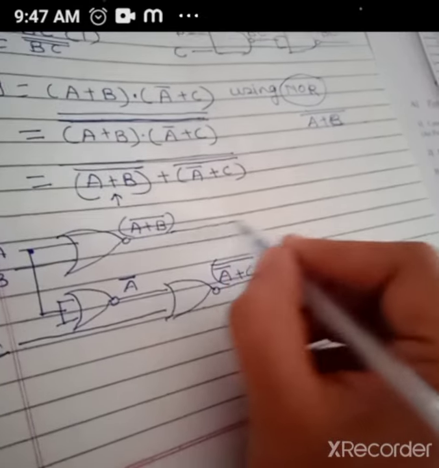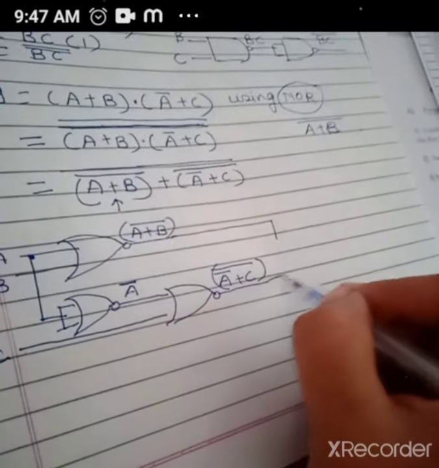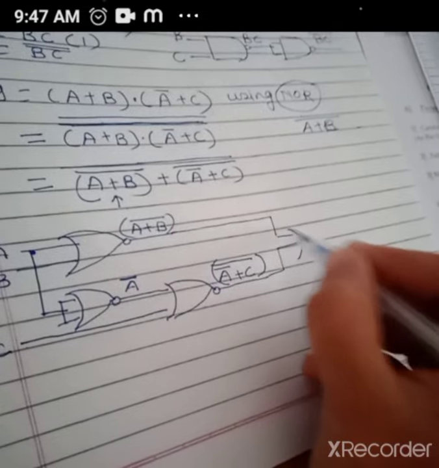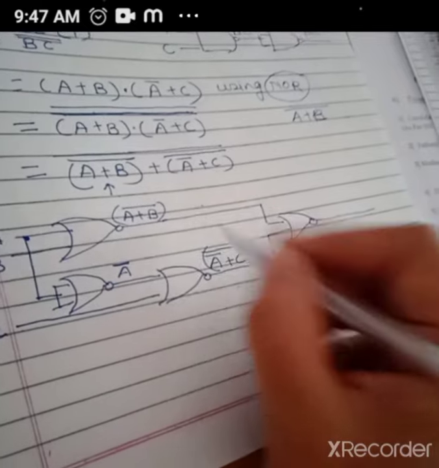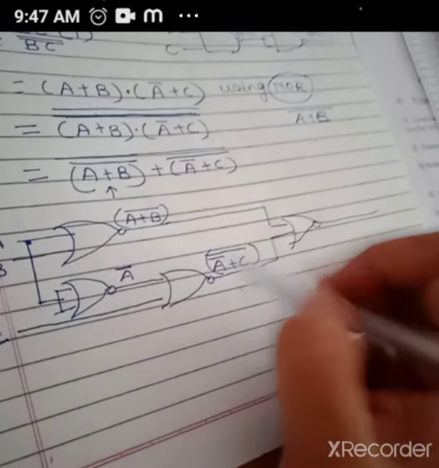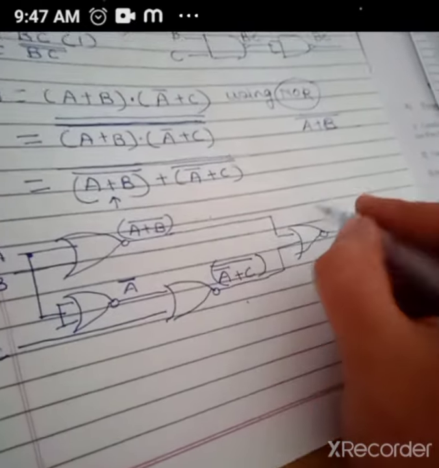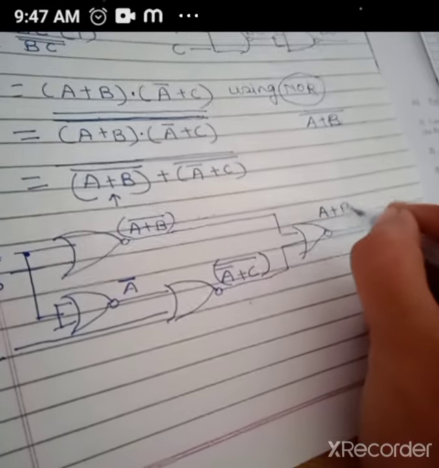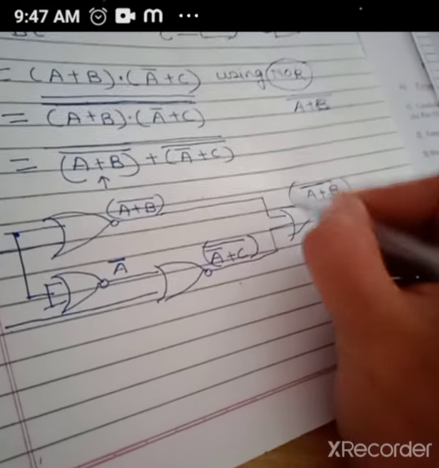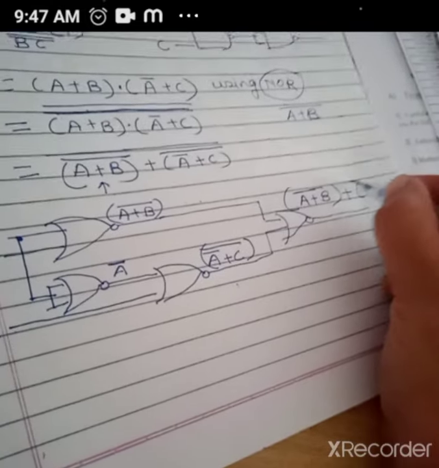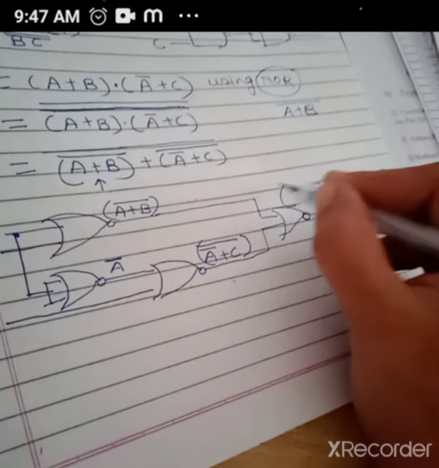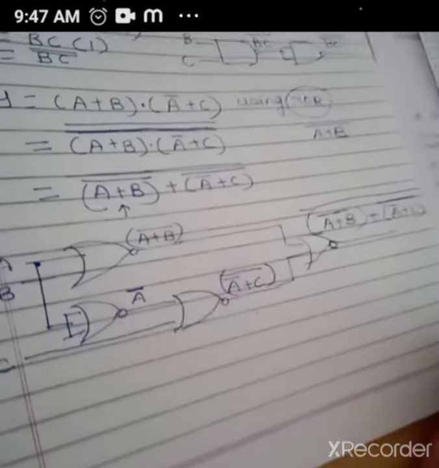Now again combine these two terms with NOR only. So this NOR will add these two inputs with complement. So (A plus B) bar plus (A bar C) whole bar, and this inverter will give again 1 bar.